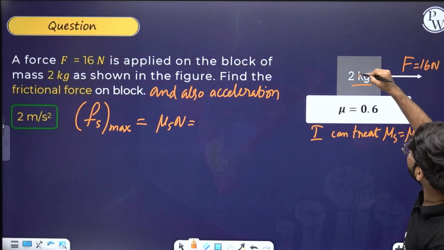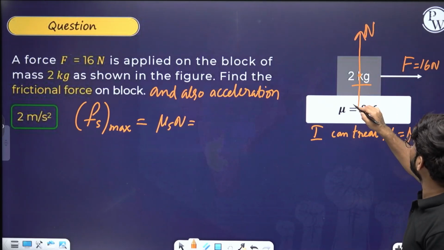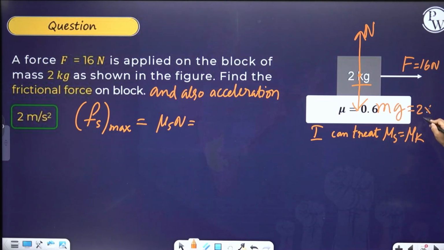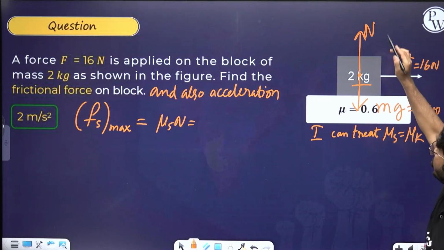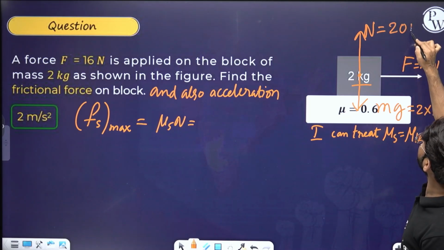But what is n? N is the normal reaction which is balancing the weight, which is 2 into 10. So this n is 2 into 10, which is 20 Newton.